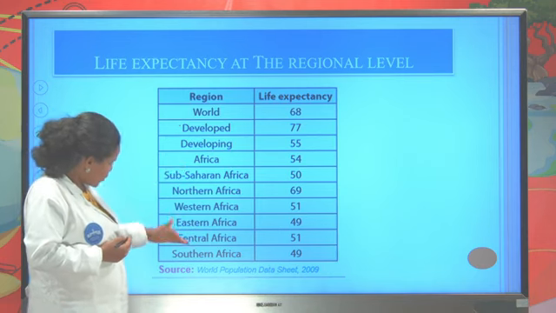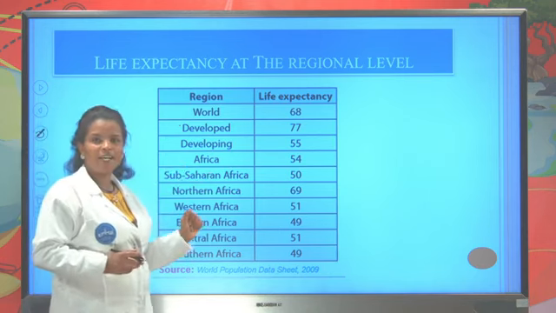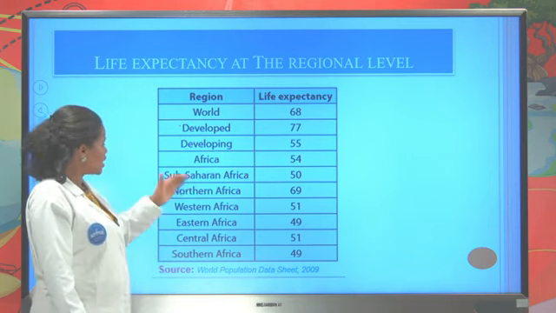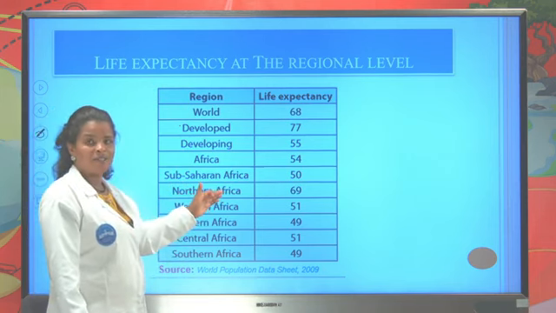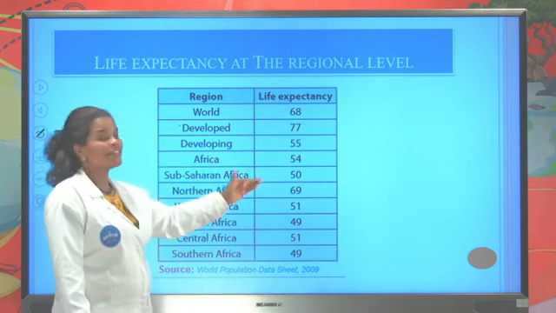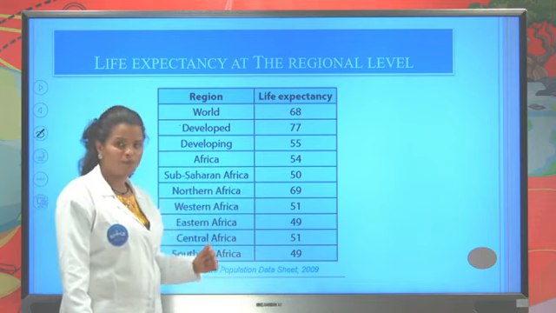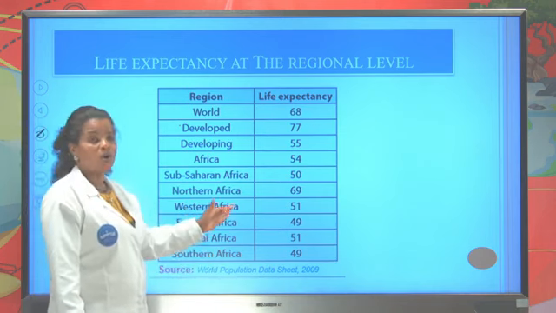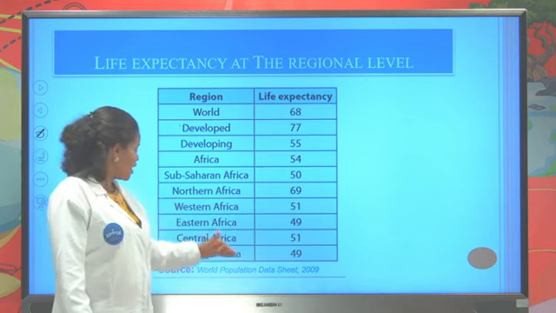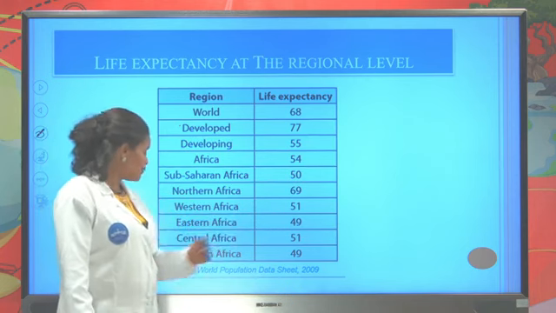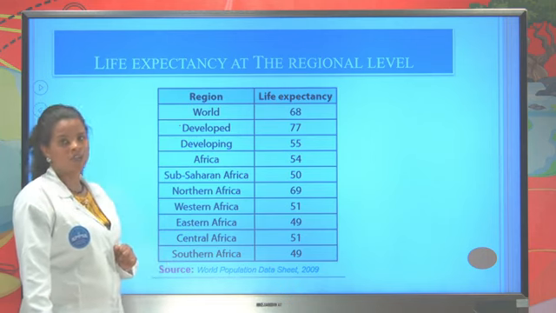When we see each region of Africa, the sub-Saharan Africa life expectancy is 50 years. Northern Africa has long life expectancy compared to the other regions of Africa, 69 years, because it is better developed. Western Africa has only 51 years, Eastern Africa 41 years, Central Africa 51 years, and Southern Africa 49 years.